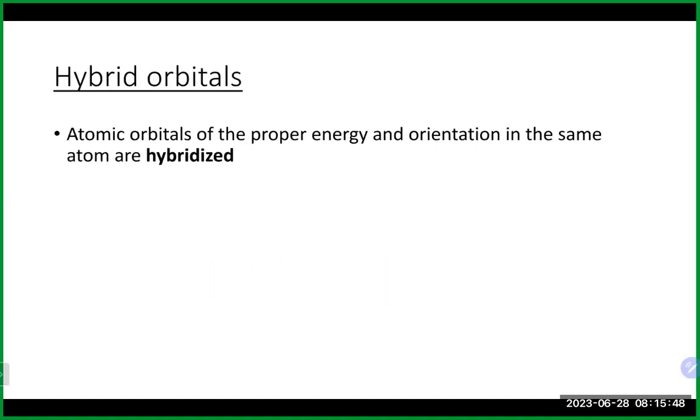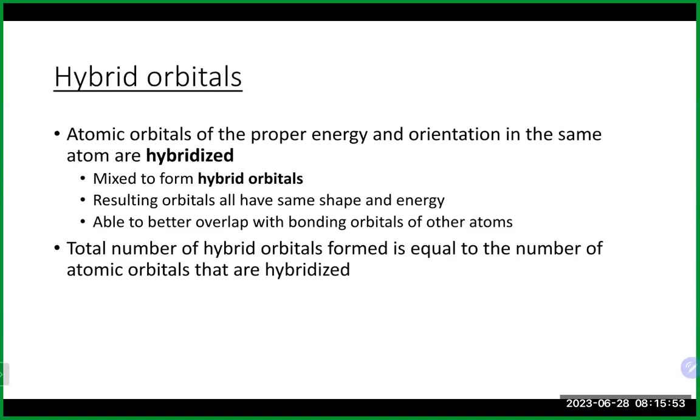Now, the idea of hybridization and making hybrid orbitals is this: if we think about these orbitals, say an s orbital and a p orbital, they are theoretically different shapes. They're also at different energy levels. So that makes for some interesting overlap, and may not result in the bond angles that we see in these particular molecules. So the theory of hybridization helps us explain the geometries that we do see.